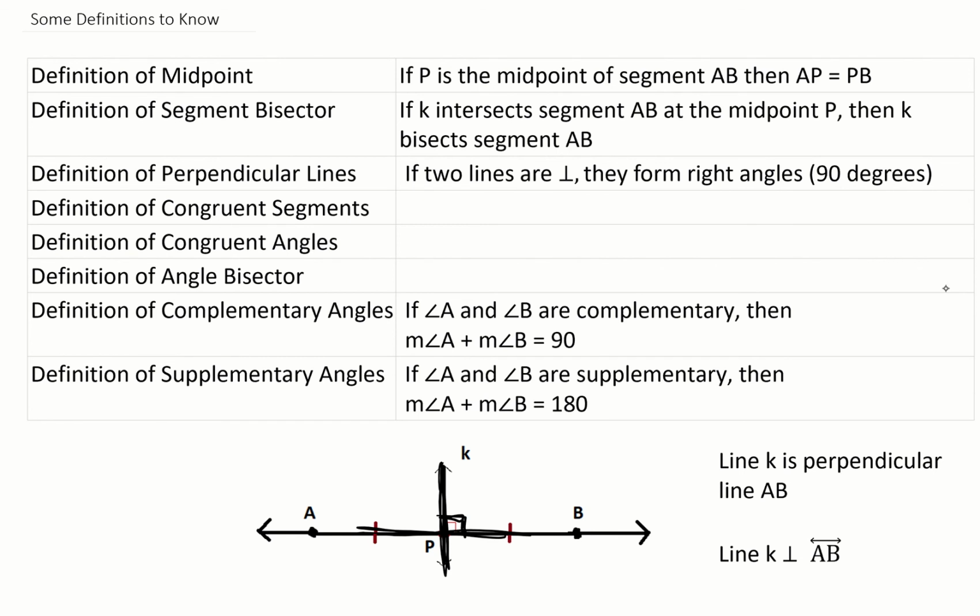So in this case, we would say line K is perpendicular to line AB. There's a symbol for that. The symbol for perpendicular is this guy right here. It looks like an upside down capital T. So it's line K is perpendicular to line segment AB, or line AB. So keep that in mind, that symbol for perpendicular.